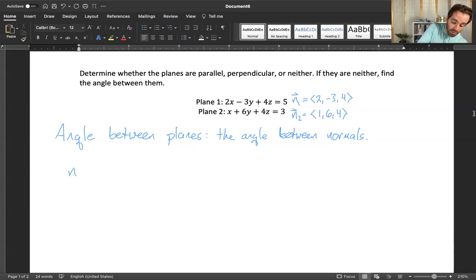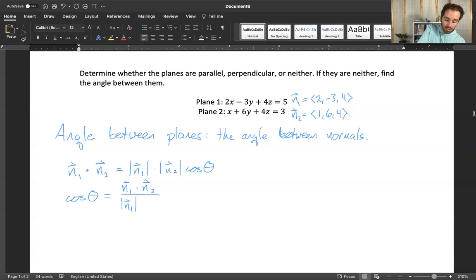So n1 dot n2 is in principle always equal to n1 magnitude times n2 magnitude times the cosine of the angle between them. So what I'm going to do here is isolate the cosine and say this is equal to n1 dot n2 over the product of the magnitudes.